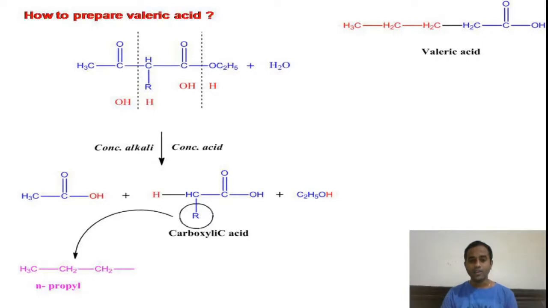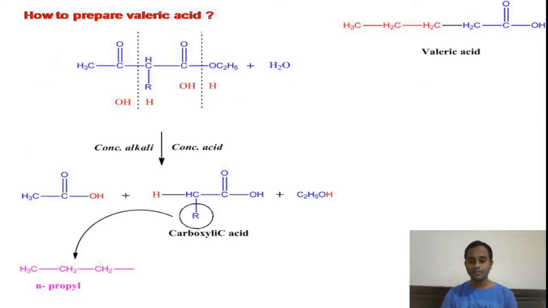Now, if you replace the R group in this circle having the alkyl group with the N-propyl group, we will get the valeric acid. Yes or no? Yes. So if you take N-propyl as the alkyl group, we will get the valeric acid as the product.